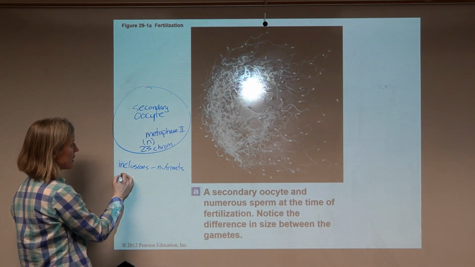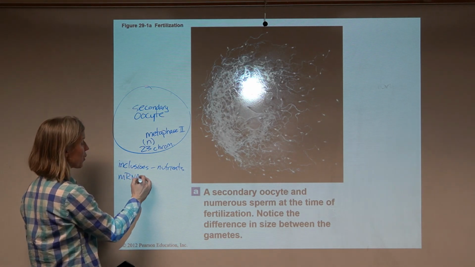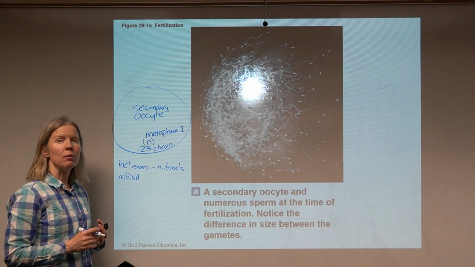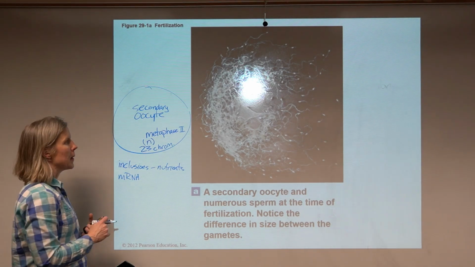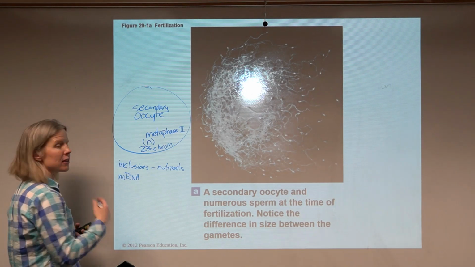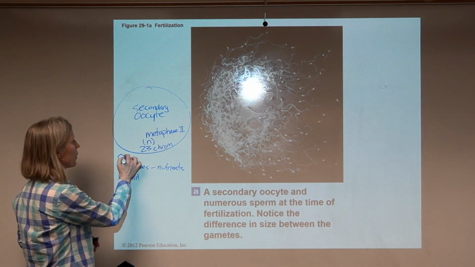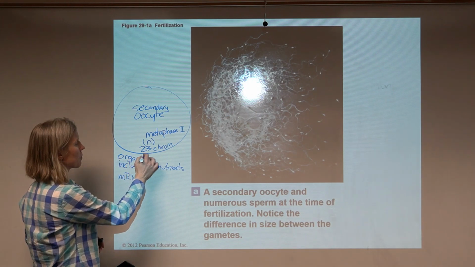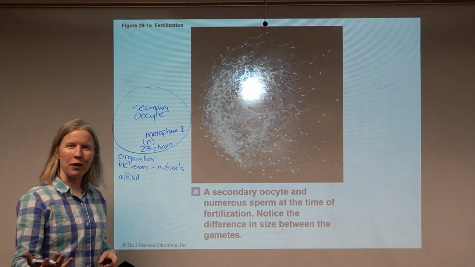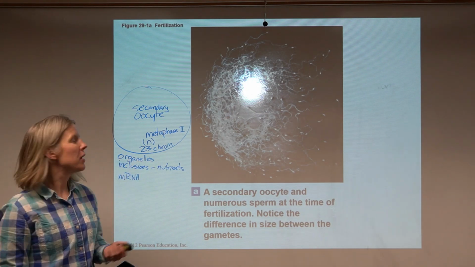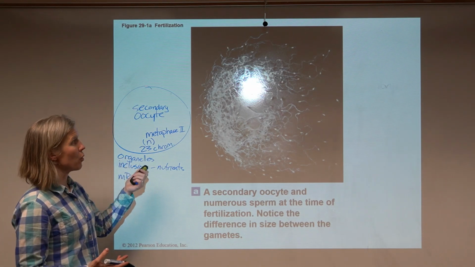We'll actually see messenger RNA strands being handed off to the oocyte, lots of proteins, enzymes, things like that. So all the organelles that are going to become part of our new organism are also here in the oocyte.